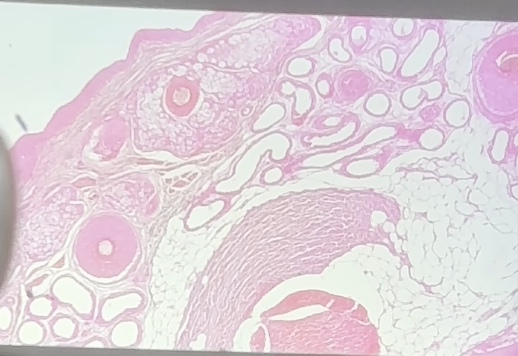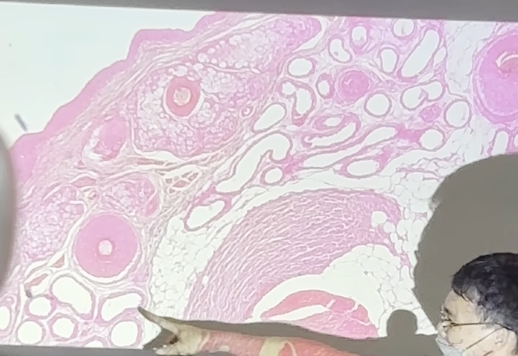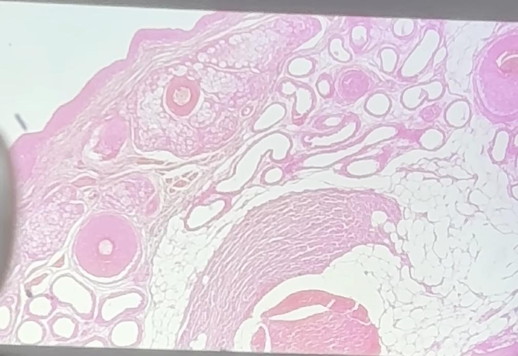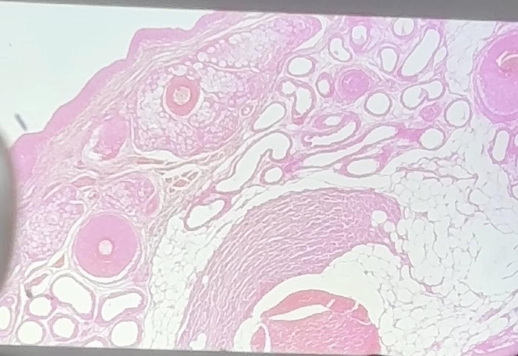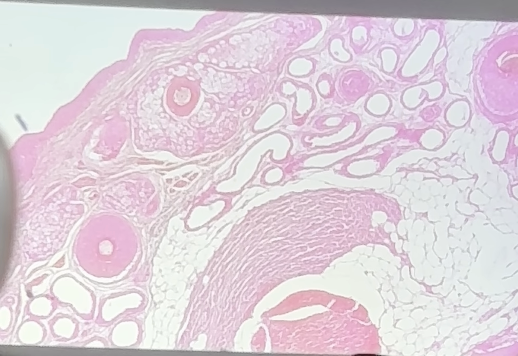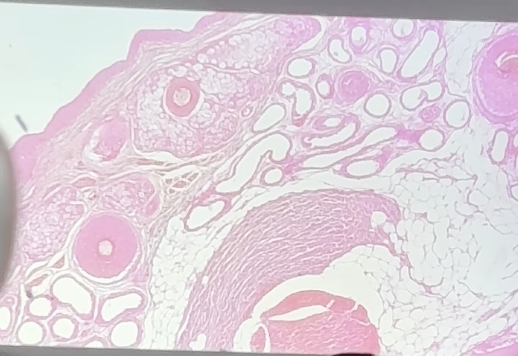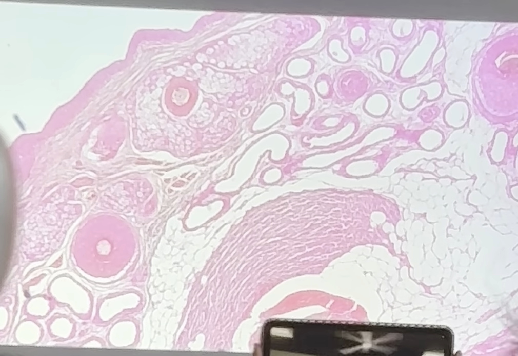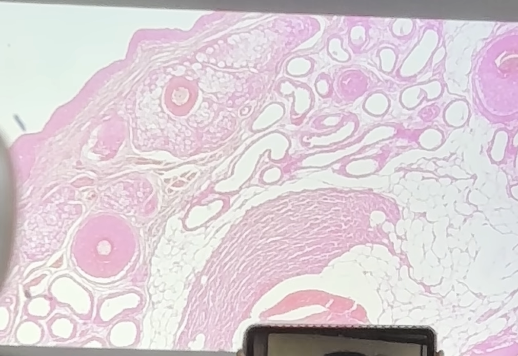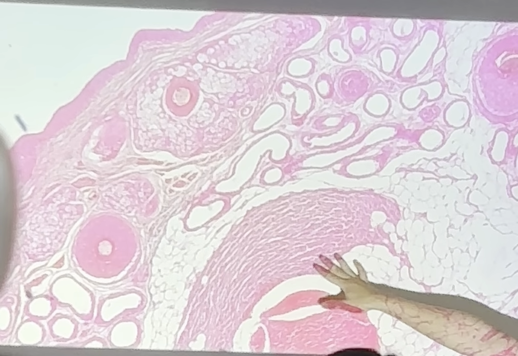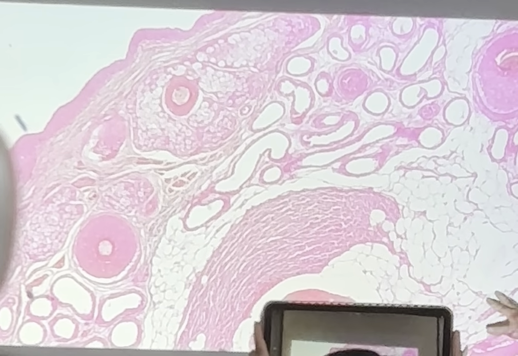We even see, what are these? Apocrine sweat glands. You actually didn't see apocrine, you saw eccrine sweat glands. And that's where you're in the one section where I showed you the apocrine sweat glands in your practical exam. And then we see smooth muscle, and we see adipose tissue.